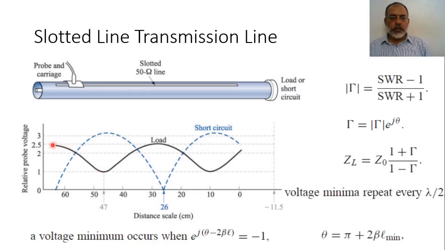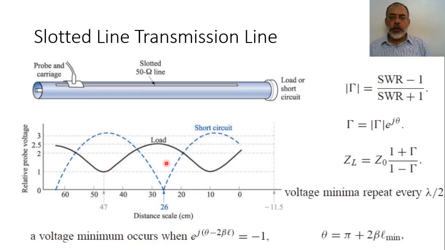So we read the value of V maximum and the value of V minimum, and take care, these values are DC values now, because these are the values after the detector, and the detector effectively measures the amplitude of the signal. So this corresponds to V maximum and this corresponds to V minimum. By taking the ratio of V maximum to V minimum, we can obtain the standing wave ratio.